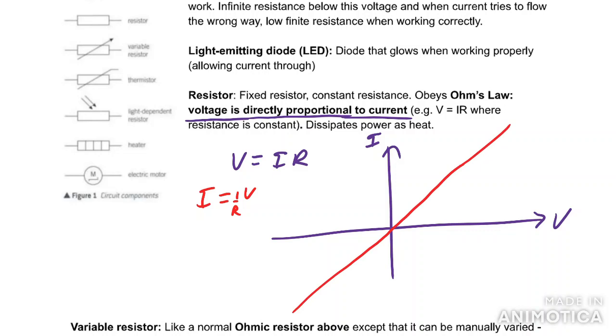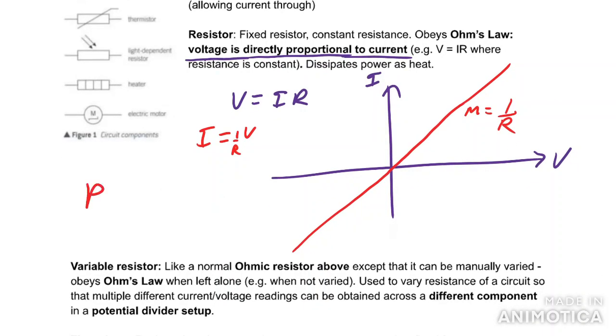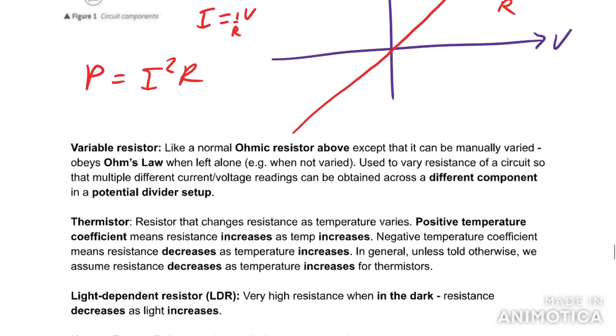And the gradient, as you can see there, is 1 over R. So on an IV graph, if something is a straight line through the origin, it obeys Ohm's law. And just remember this, Ohm's law is voltage is directly proportional to current. And resistors dissipate power as heat. That's I squared R, or whatever. That's the heat that will be dissipated.